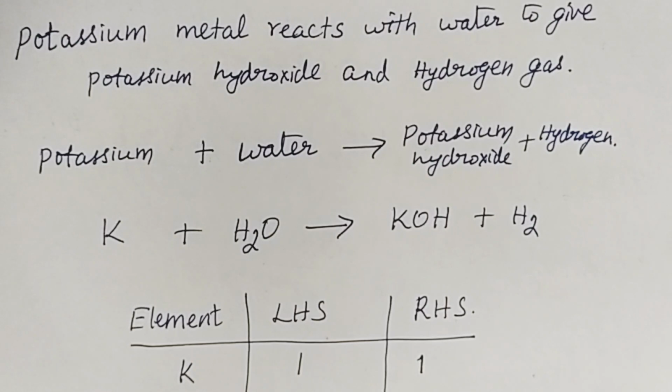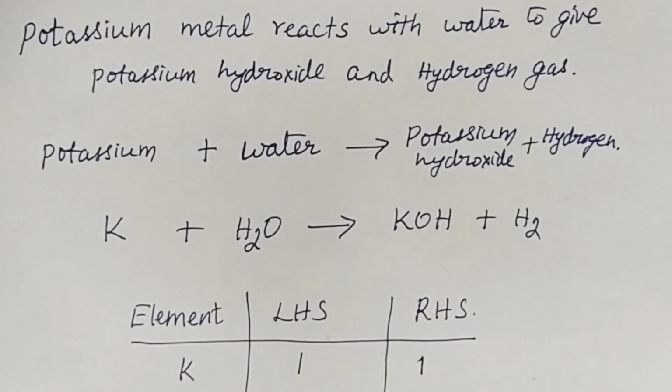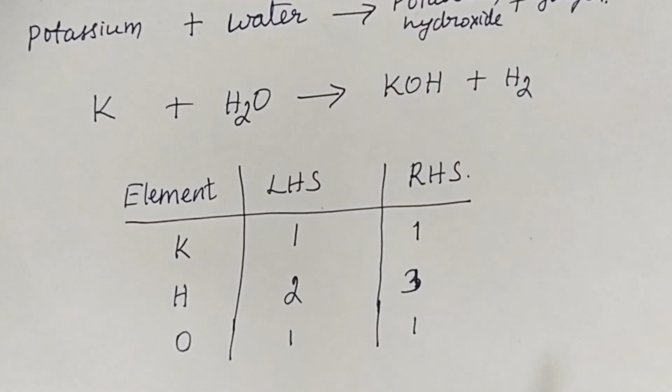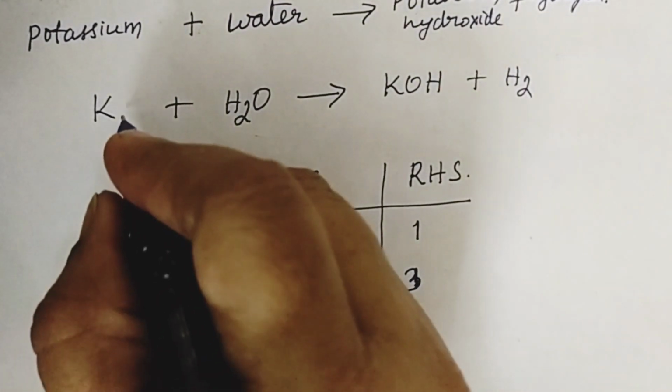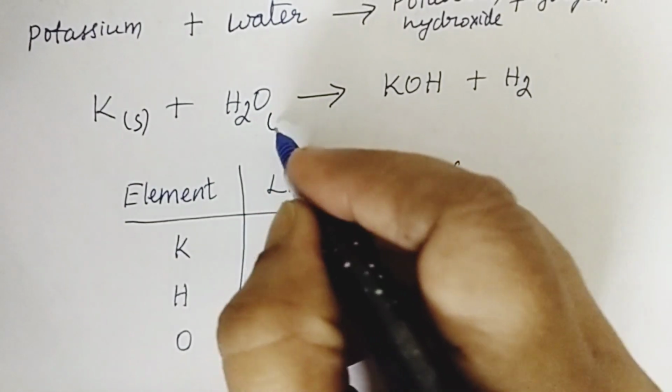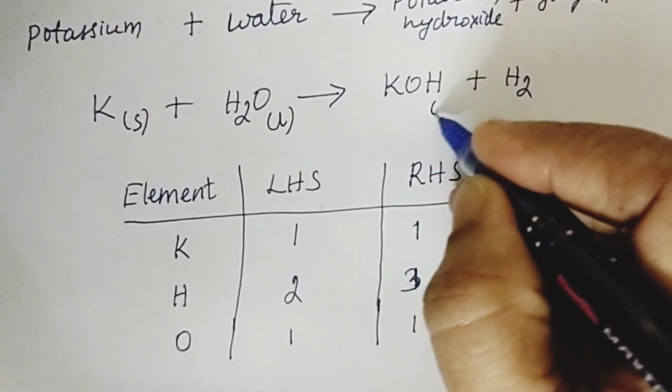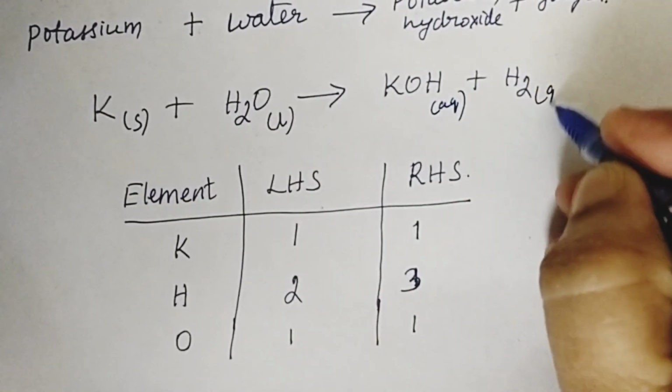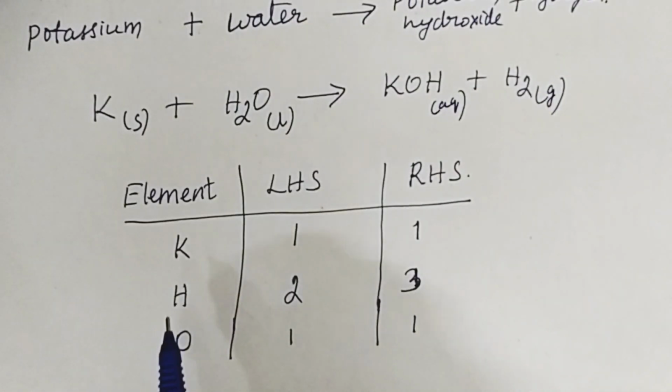So now we will write the tabular column with the elements and LHS and RHS. Then we will try to balance. Here potassium is a metal, solid, water is liquid, KOH is formed in aqueous and hydrogen is gas. Okay, the elements are K, hydrogen and oxygen.